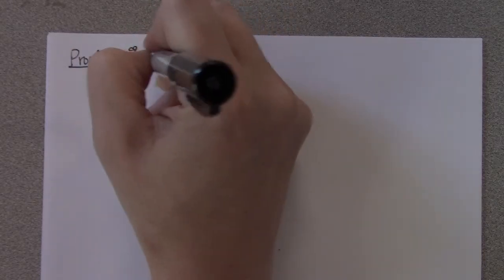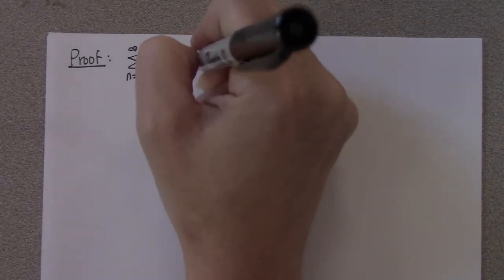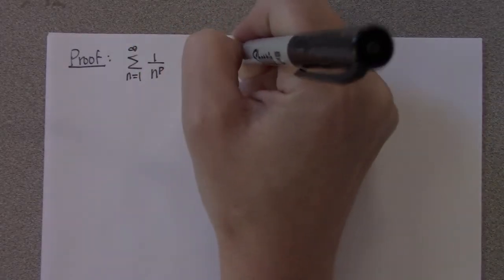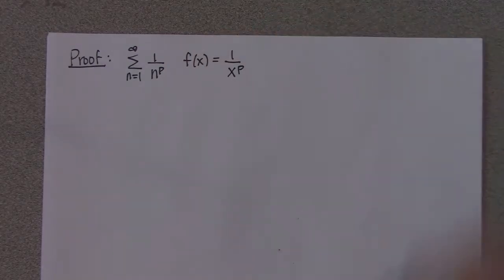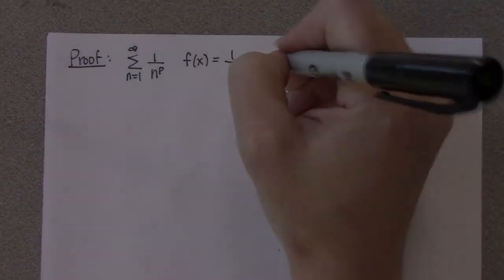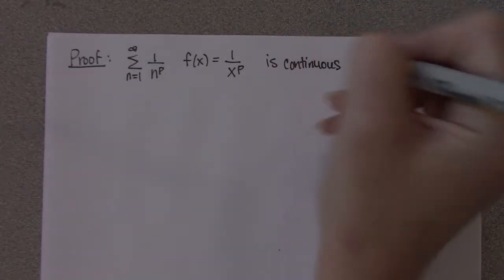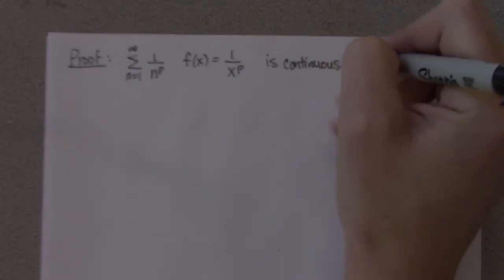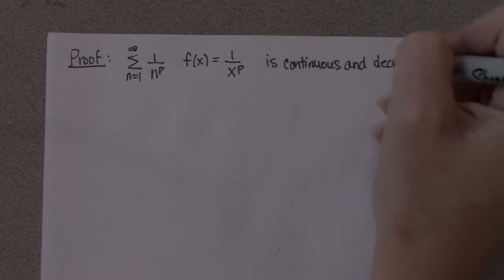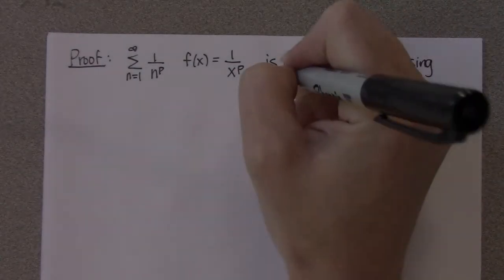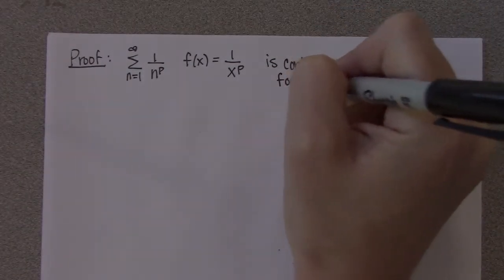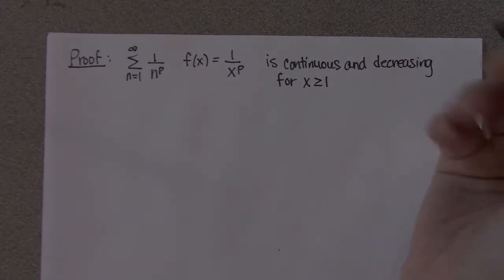All right, so if we have 1 over n to the p, we can easily compare that to the function 1 over x to the p, right? And we know that this is continuous and decreasing for x greater than or equal to 1.